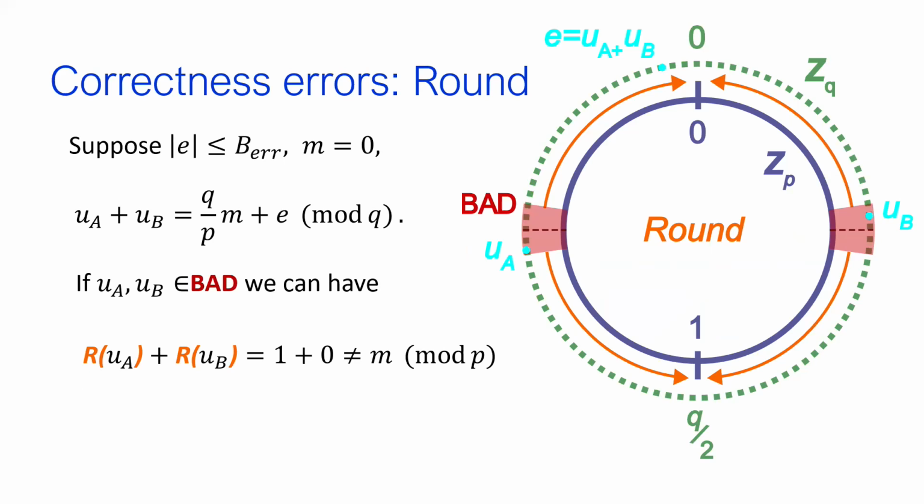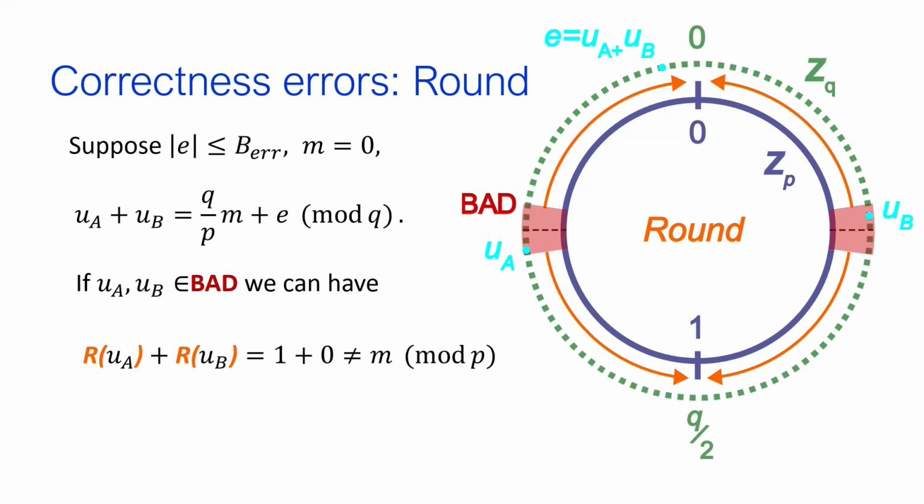Suppose we have our initial equation here, where our error is bounded, and suppose that our message is 0. And let's say that Alice has her share UA here, and Bob has UB over there. Now, what's going to happen is that since Alice's share is in the bottom half of the circle, it will be mapped to 1, and Bob's share is in the top half, so it will be mapped to 0.